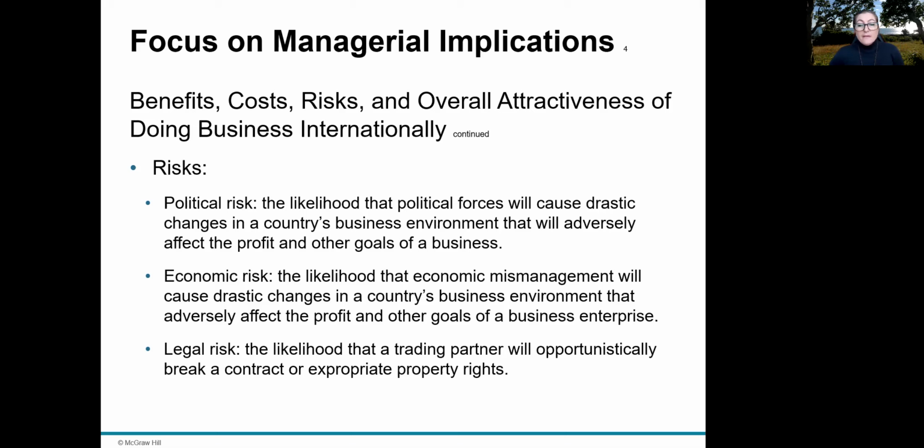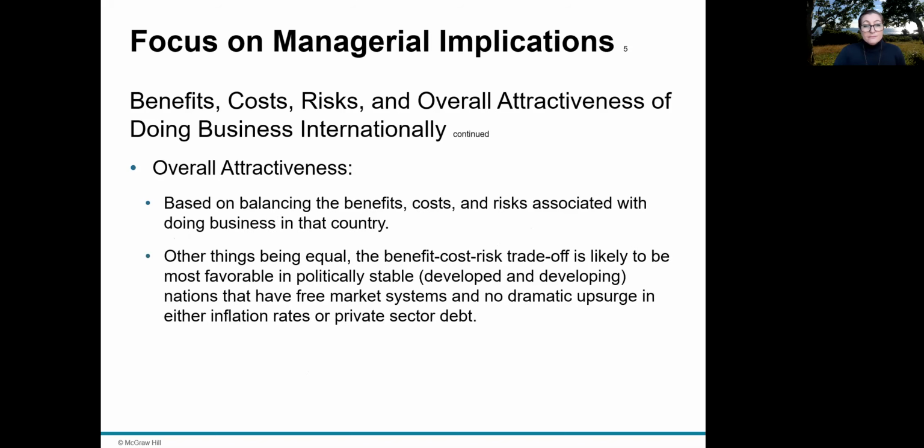The likelihood that economic mismanagement will cause drastic effects in a country's business environment and adversely affect the profit of an organisation. Then the legal risk. What's the likelihood that a trading partner will break a contract for their benefit rather than yours? Or maybe they'll take your property rights.